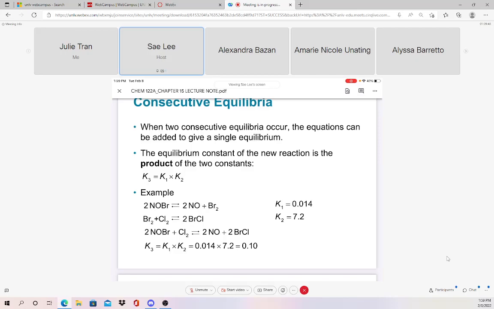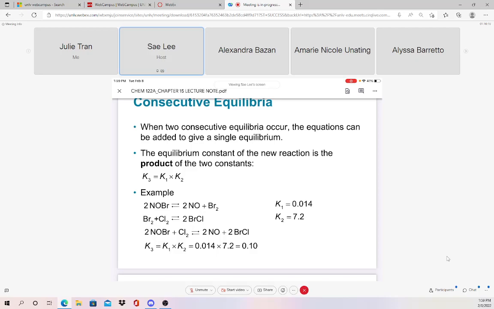When you are finding the overall reaction's equilibrium constant, all you have to do is multiply the equilibrium constants of each elementary step. Elementary step 1 had an equilibrium constant of 0.014, so we put 0.014 for the first reaction's equilibrium constant.